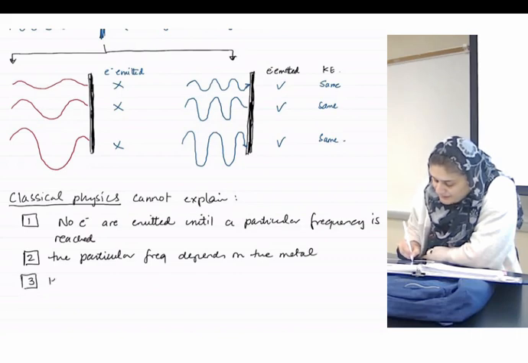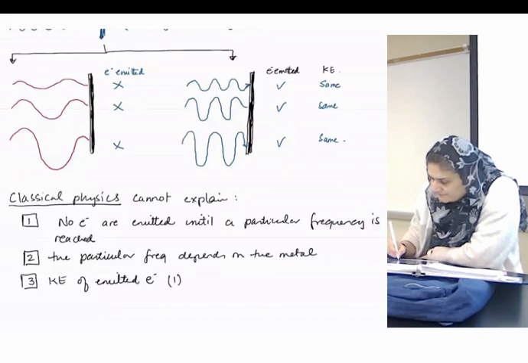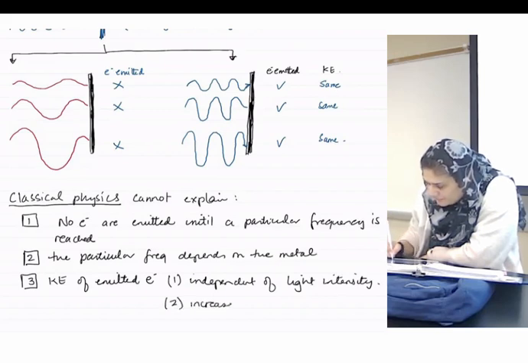And number three, the kinetic energies of emitted electrons are, number one, independent of light intensity, and number two, increase with frequency of light.